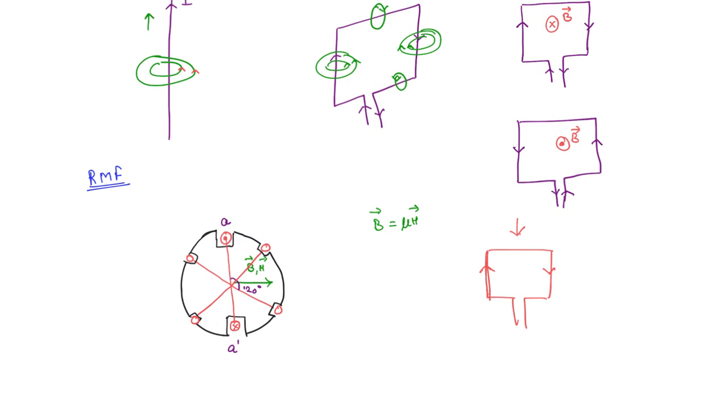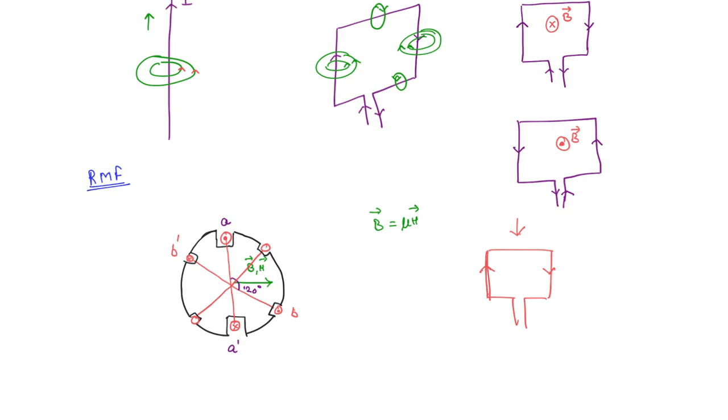Now after 120 degrees from A will be this coil, right? So this coil we will take as B. Now this will also have the same current direction, that is current coming out of the plane. So this is going to be B. The opposite end is B dash. Here the current will be going into the plane. You can see that A dash and B dash are 120 degrees apart.